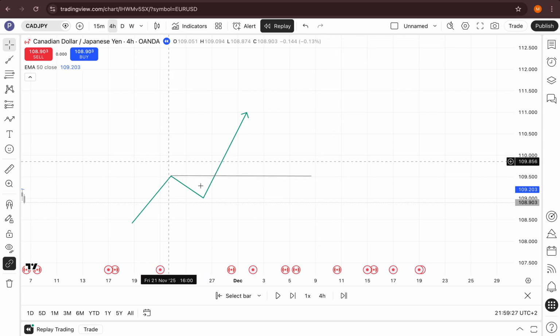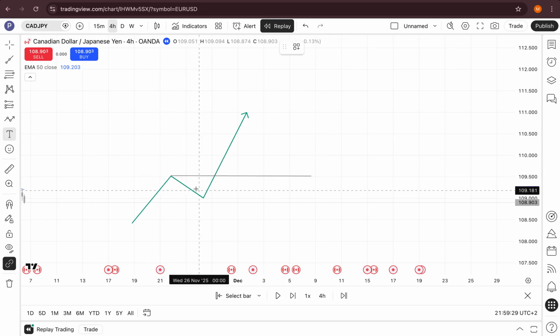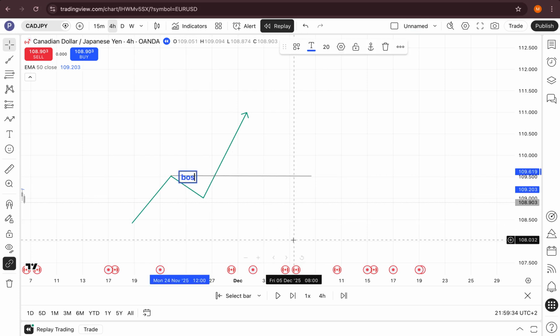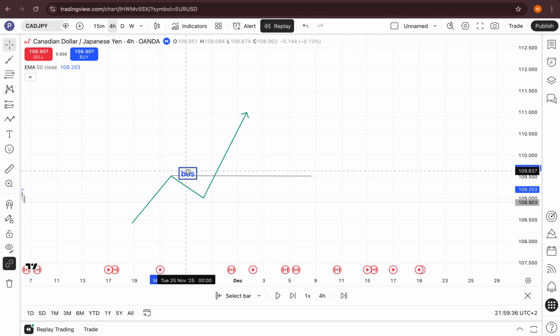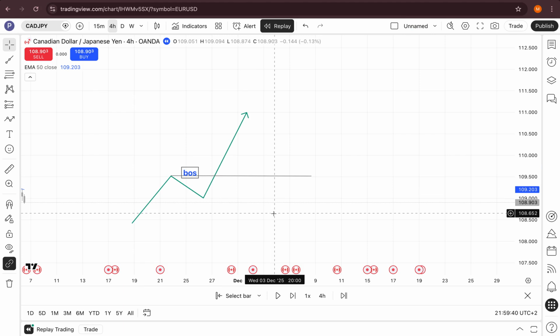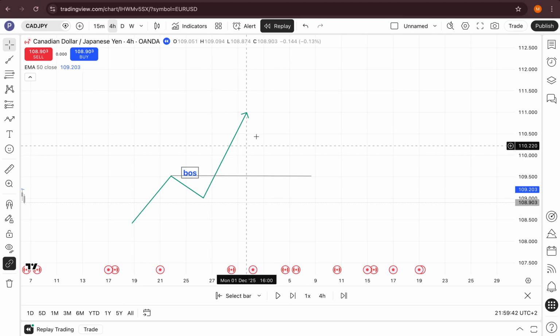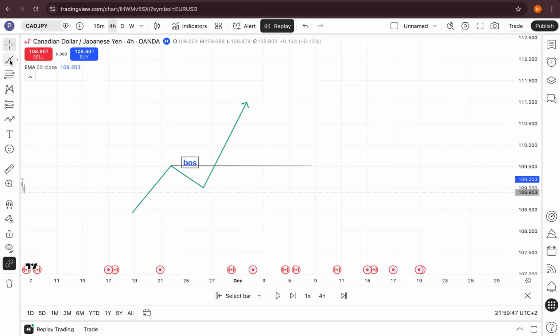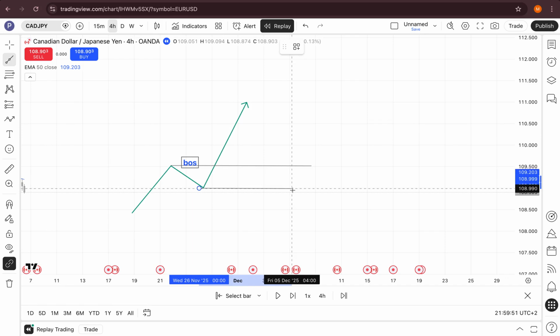This was our previous breakout structure, our previous BOS, short for break of structure, made by the market. We are waiting for the market to pull back, but we must not see it breaking below the previous higher low.